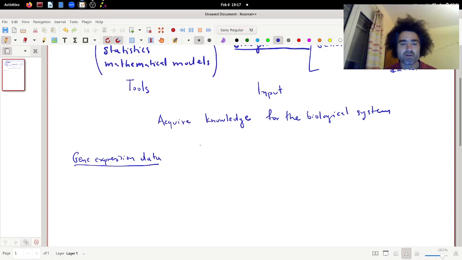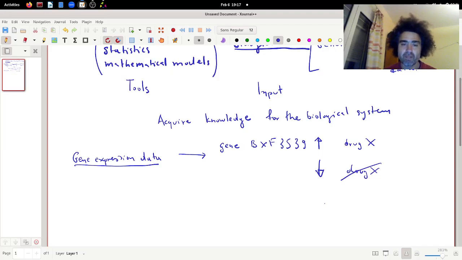Then we find out that, for example, this is the outcome, that gene BXF3539 is upregulated, so it has a high expression values when a person takes drug X, and has low expression values when it does not take drug X. The analysis, so this will be the input, and here we apply statistical tools to get this outcome.